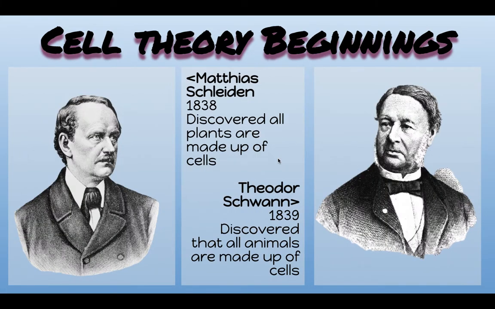All right, so on the left we have another man, Matthias Schleiden. In 1838, he discovered that all plants are made up of cells. And then his cohort, Theodor Schwann, in 1839, discovered that all animals are made up of cells.